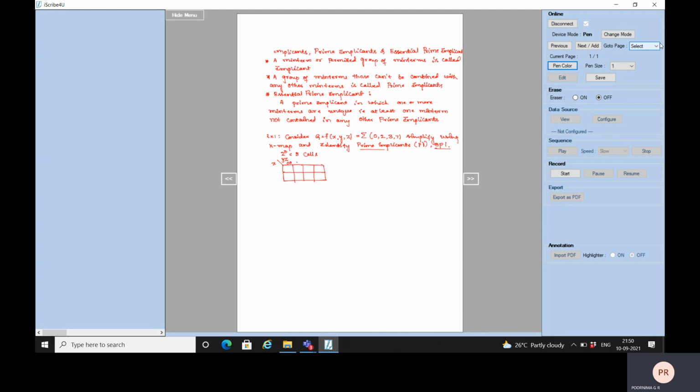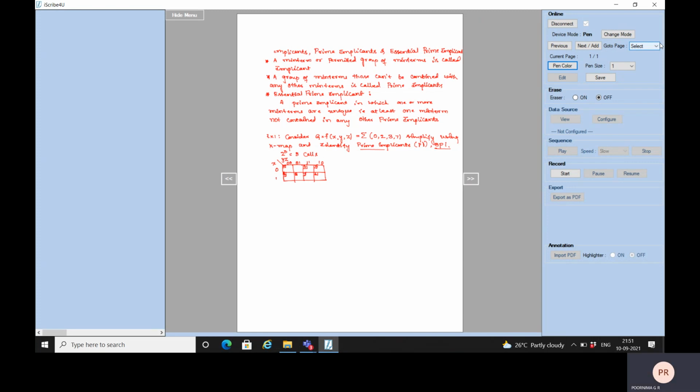So 00, 01, 11, 10. Here 000 represents the zeroth cell value. Then 1, 2, 3, 4, 5, 6, 7.